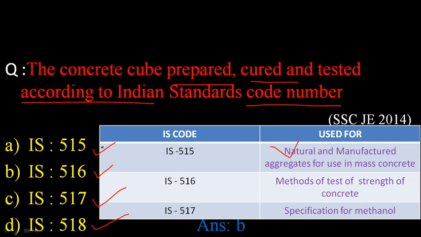So IS 515 is not correct. And we have IS 517. It gives the specification for the methanol preparation. So IS 517 is not correct, and IS 518 is not related to this. The final answer would be IS 516, methods of test of strength of concrete. So this IS 516 is the correct answer. According to this question, option B is correct.